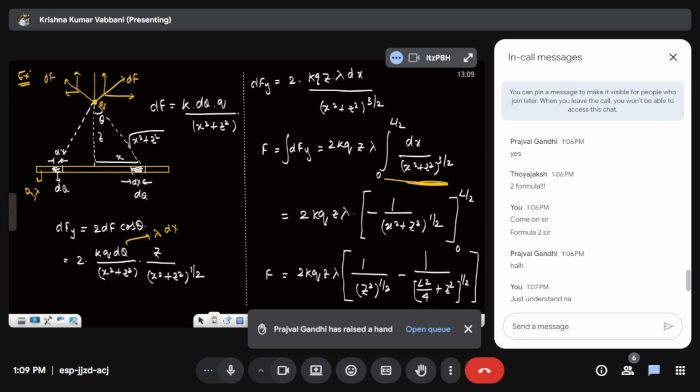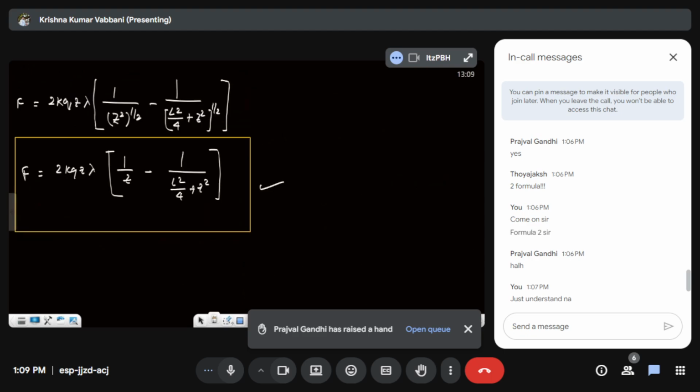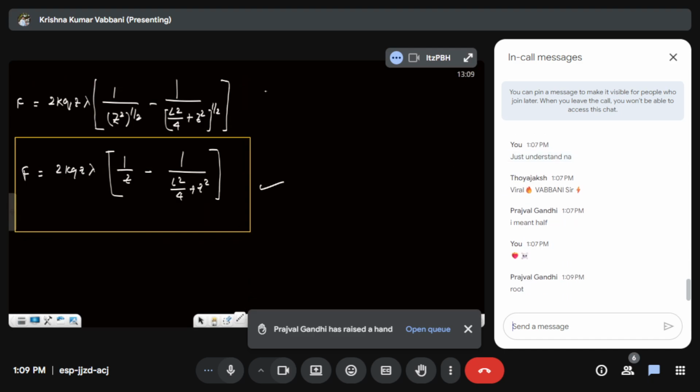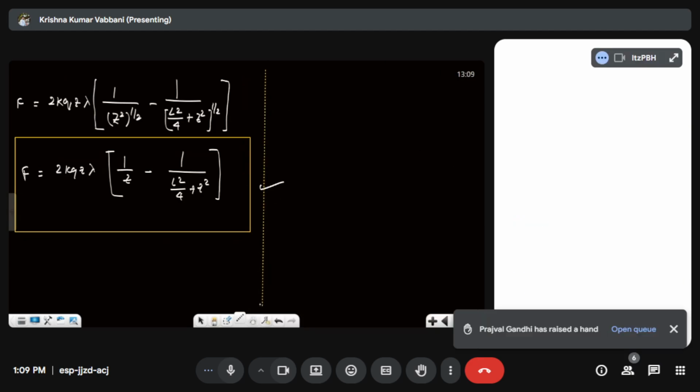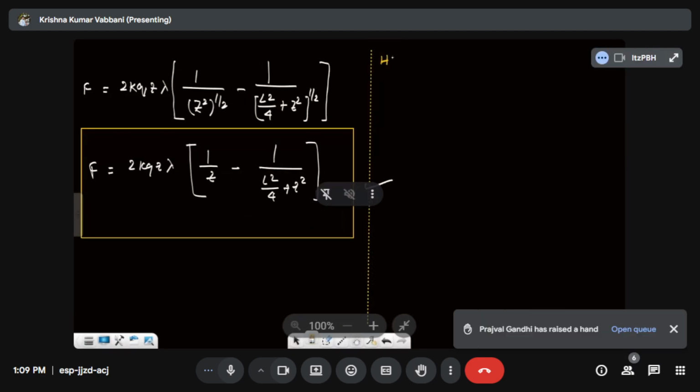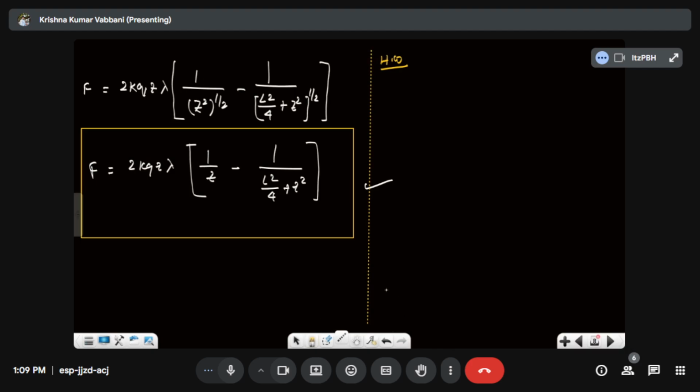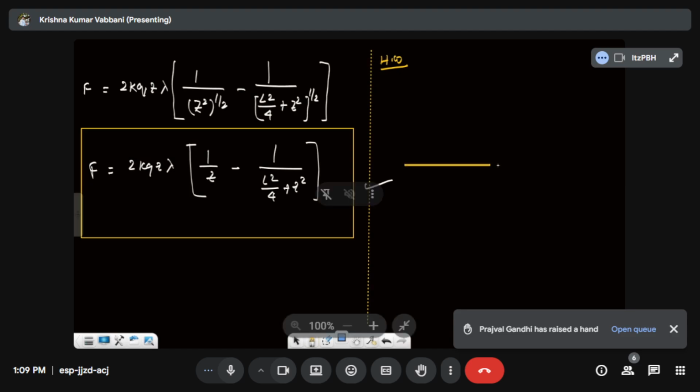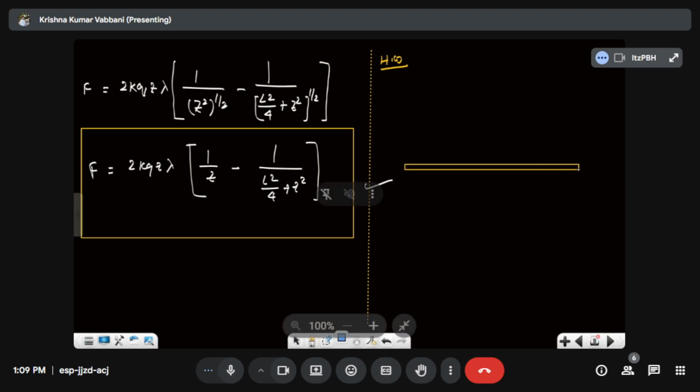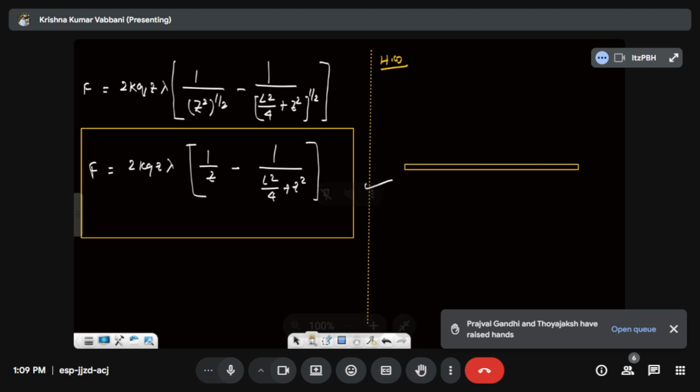Okay, so I will give you the homework. Please try to solve that one also for homework. Take line charge density, and find the net force here.